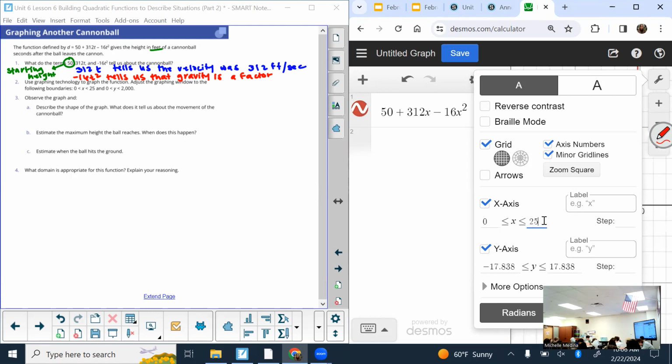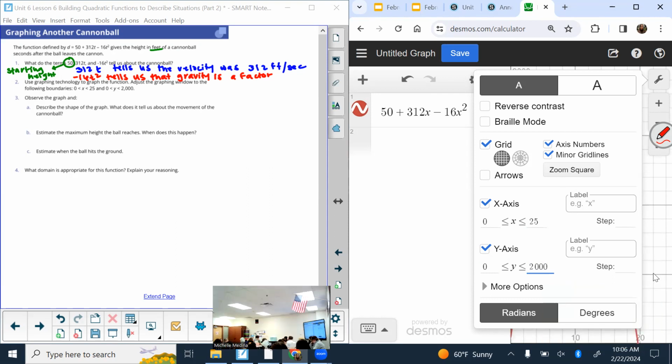On Desmos, which you'll have access to for all your unit tests, you press a little wrench and you change these numbers to be what's related in the situation. So we don't care about any negatives when we're talking about real world time and real world height. You won't have any negatives. And this is what it wanted us to change it to.